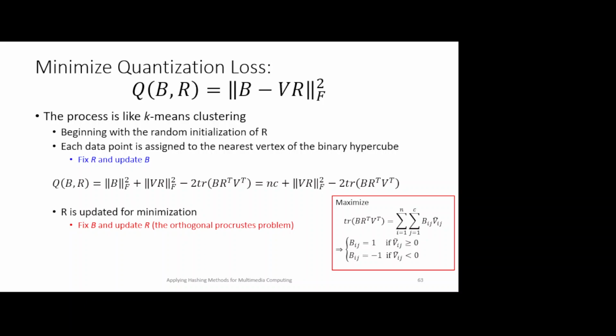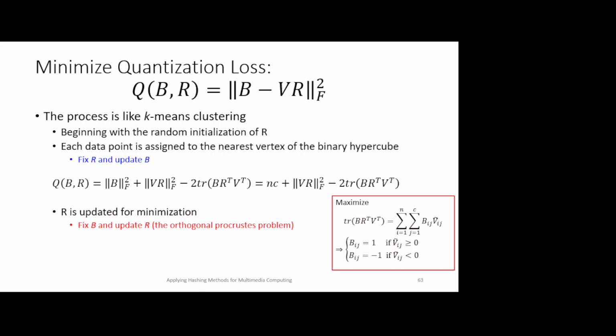What do we want? We want to minimize the negative 2 times the trace of this, which means we want to maximize the trace. The trace can be expressed like this: we rotate V by R, and B is the sign of it.